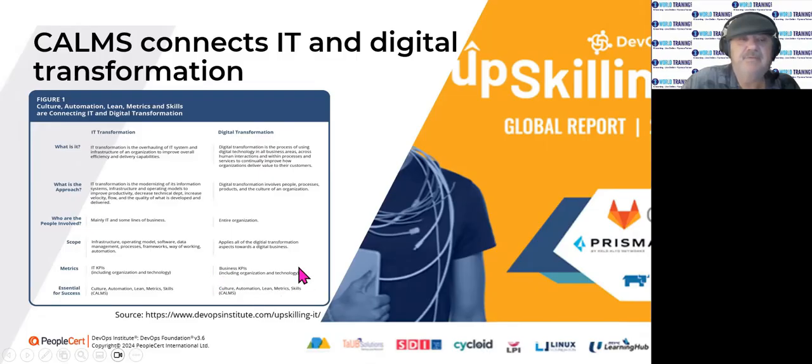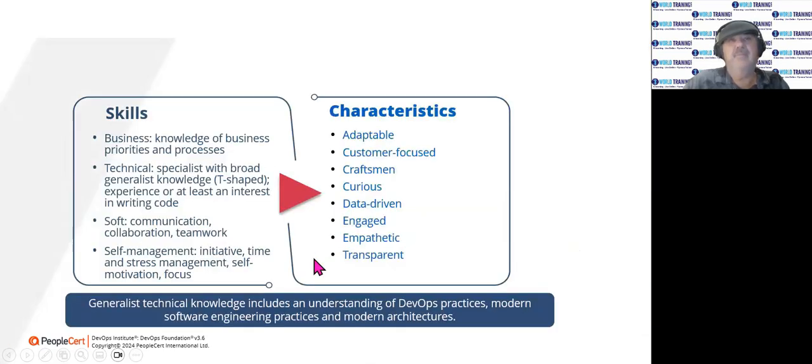How you measure business will change as you get the different technologies and organization changes, measuring things like culture, automation, lean metrics, skills, the comms idea, and apply that to measurement as well, like we talked about in the last module.